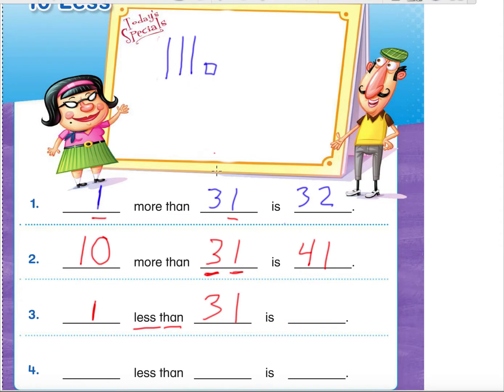If we want to take away 1, we are going to just cross that guy out. And now we can count our picture. 10, 20, 30. So 1 less than 31 is 30.